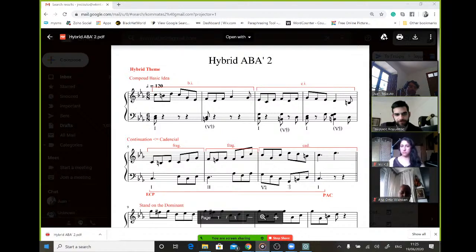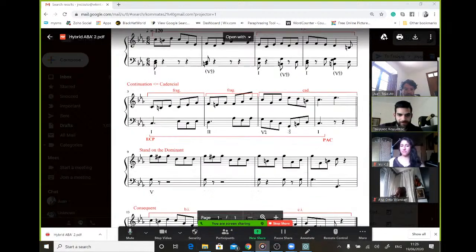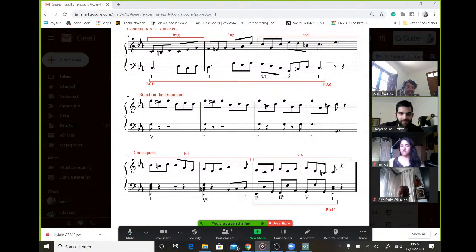You basically placed the contrasting idea in a contrasting character, so it's perfect. That's very good. And very good because in every place you use harmonies that are stylistically correct. Very neat. And then excellent standing on the dominant.